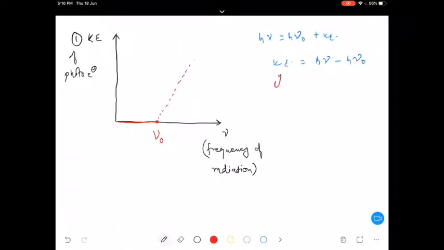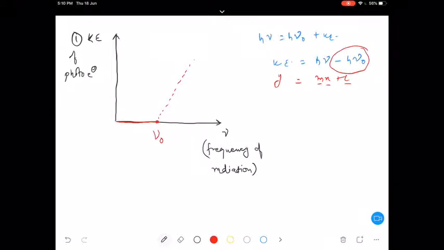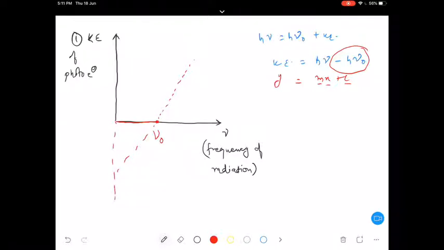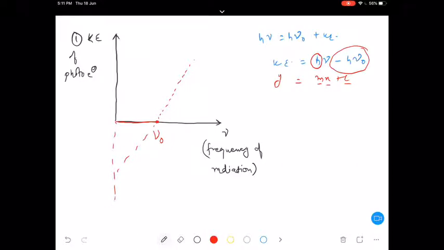Doesn't it resemble y equals mx plus c, where m is the slope of the line, on the x-axis we have taken frequency, and c is the intercept on the y-axis? The intercept on the y-axis comes out to be a negative value if I extend this curve. The slope of the line will come out to be h.